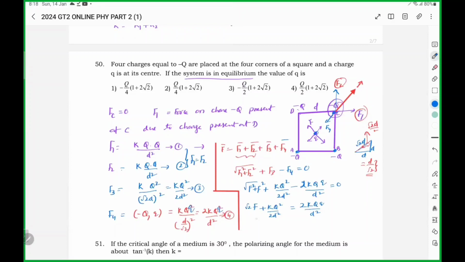So here F is nothing but KQ square by D square plus KQ square by 2D square. So D square everywhere gets cancelled. KQ also everywhere. Q by 2 will be 2Q. So Q here is (2 root 2 plus 1) Q by 4. Right. The value of Q is this much.